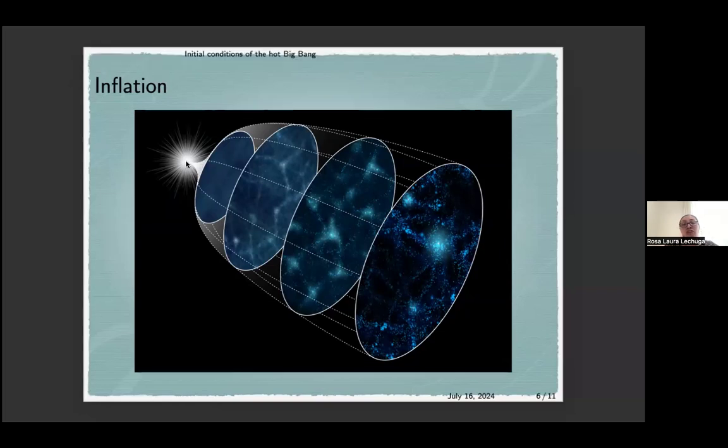But also, after the inflation, there was a period known as Big Bang nucleosynthesis, in which the atoms and the nuclei start to form. So there are two kinds of Big Bang.